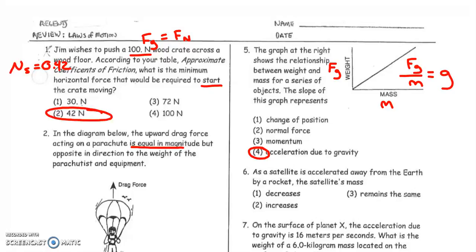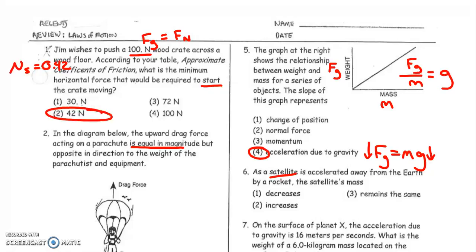Number 6, a satellite is accelerated away from the Earth by a rocket. The satellite's mass... Okay, so we're looking at the mass. What we do know is that F_g would go down in theory, because as you get further away from the Earth's center, the value of the gravitational field is less and less, so the weight of the satellite would become less and less.